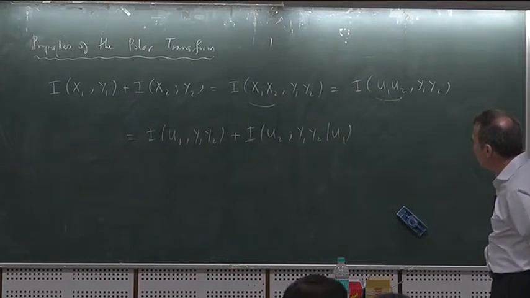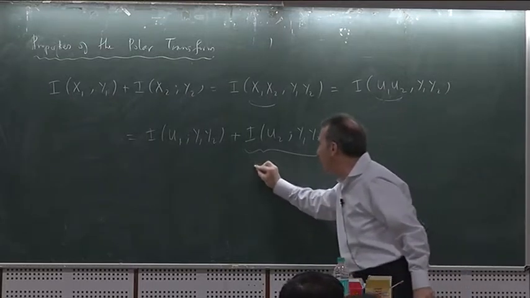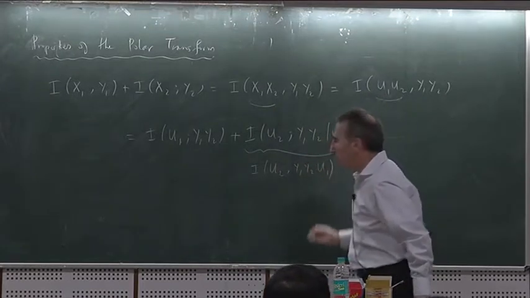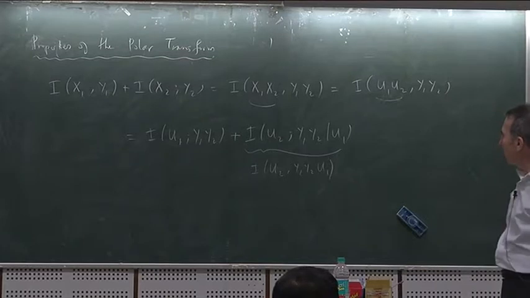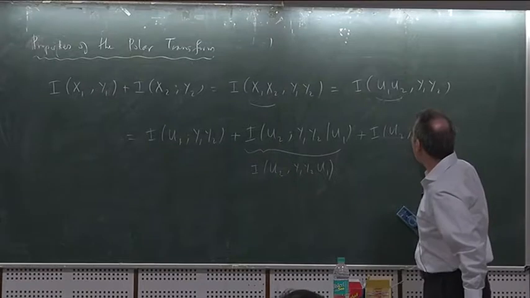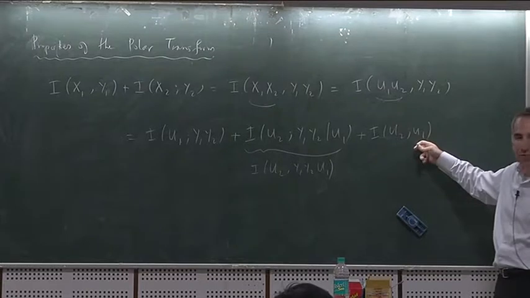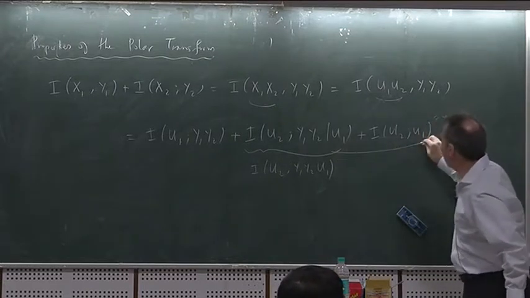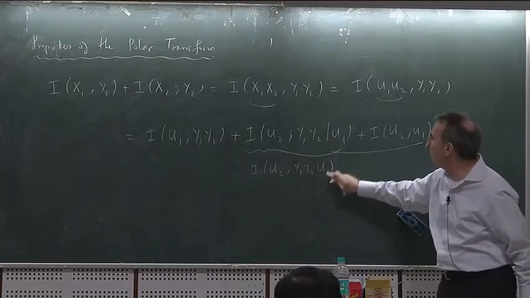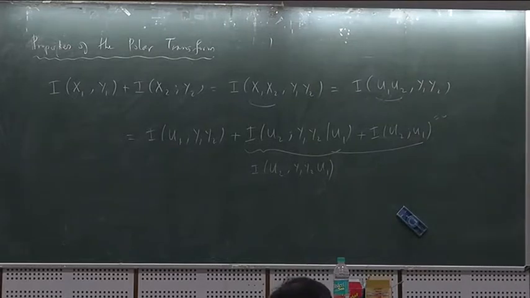Now, in the meantime, this term is the same as I of U2 semicolon Y1, Y2, U1. And why is this? Because of the following. I can add here a 0, since U2 and U1 are independent. This is nothing I'm adding. This quantity is 0. But these two things are the chain expansion of this: I of U2 semicolon U1 plus I of U2 semicolon Y1, Y2 given U1.